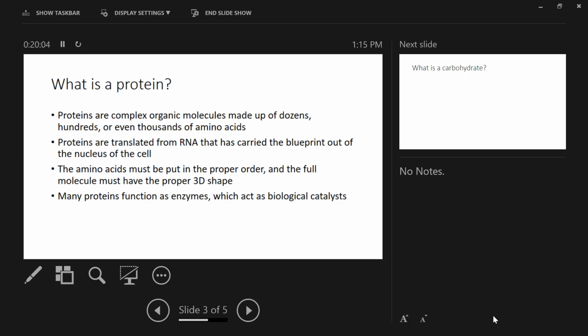I'm pretty sure we've seen this word before. Catalyst. Anyone remember where we've seen this word before? It was in one of our labs, the lab that you just did a write-up for.